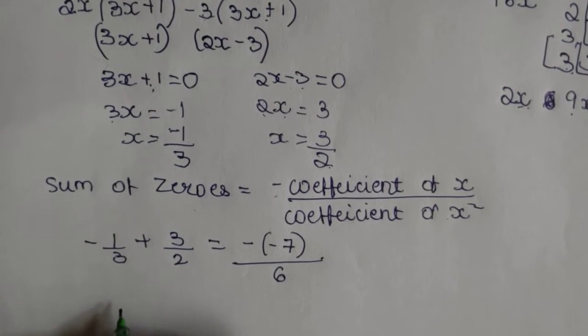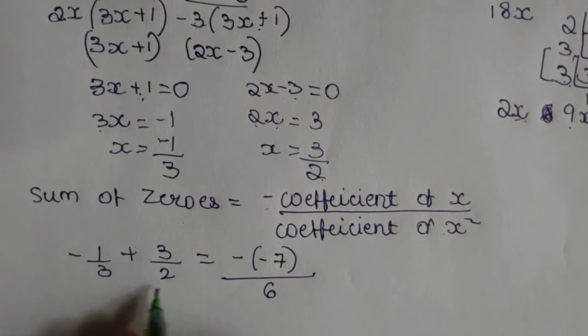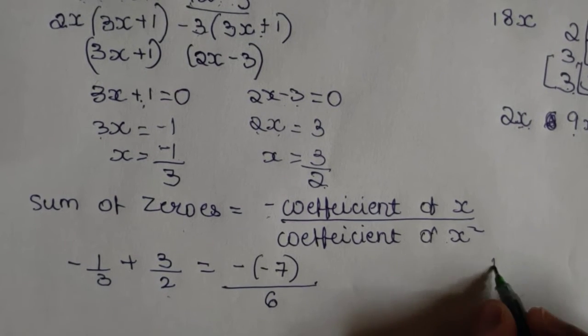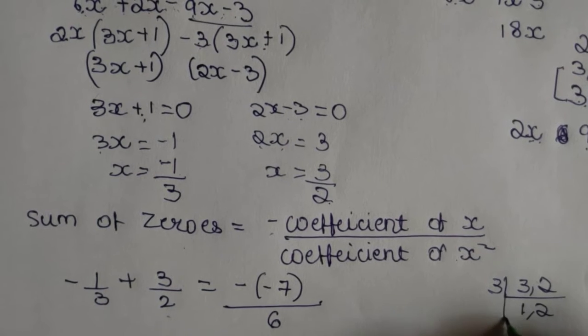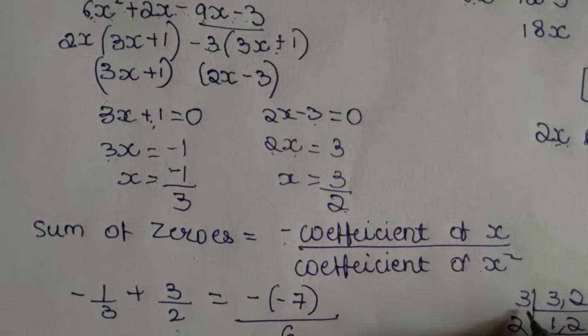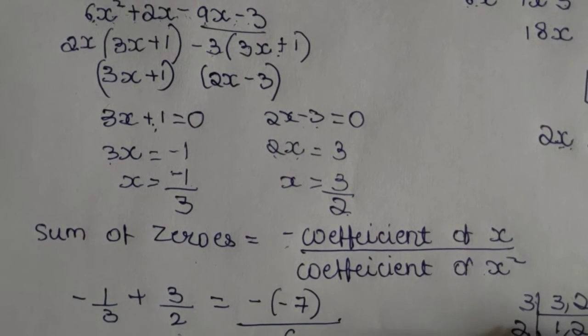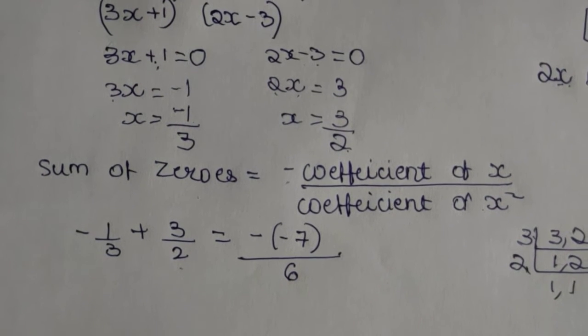Okay, now let's take the LCM of the denominators, that is 3 and 2. 3 ones are 3 and 2 ones are 2, and 3 twos are 6. So the LCM becomes 6.